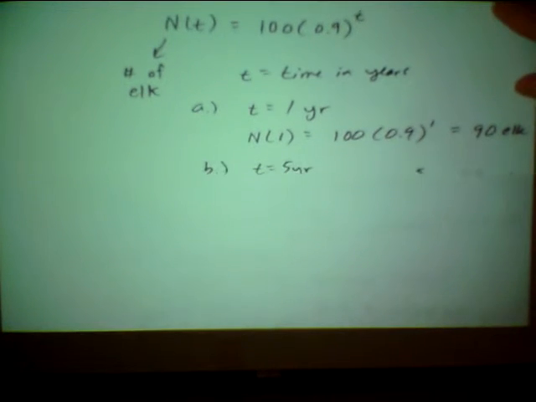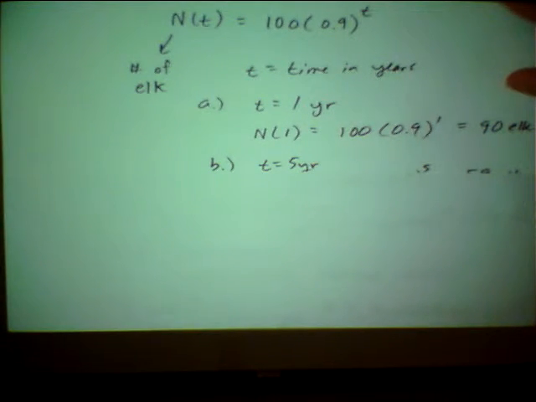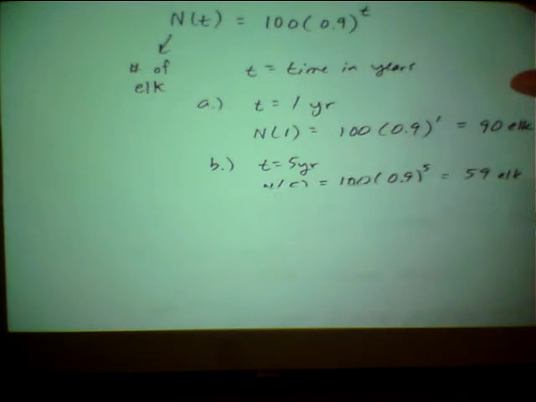Part B said, how about figuring out how many elk are left after 5 years? So you put in a 5 for t, which I did right here. This time I did grab my calculator and I had to punch in 0.9 and then raise it to the 5th power. When I multiplied that by 100, you end up with 59, which means there are 59 elk left after 5 years.